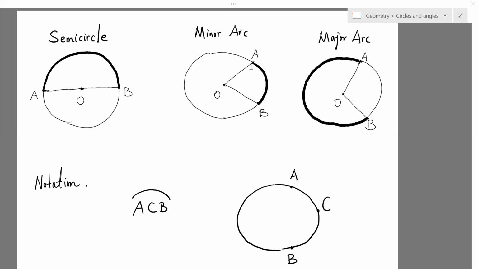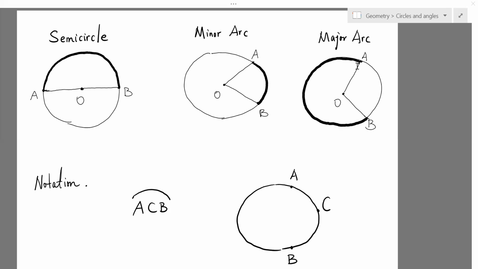Recall that a central angle is an angle with the vertex at the center of the circle, and with those two edges touching the circle. So just like the semicircle, the minor arc is this part, which is in the interior of the central angle, in union with those two endpoints, A and B.